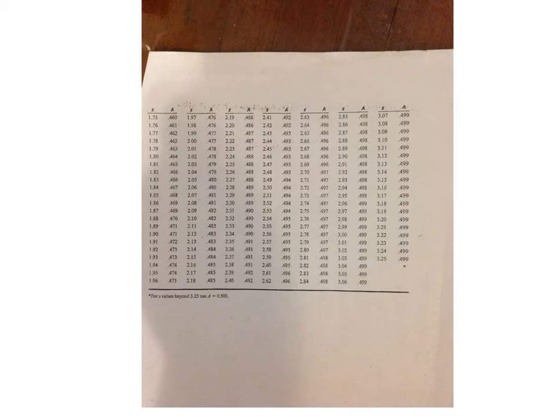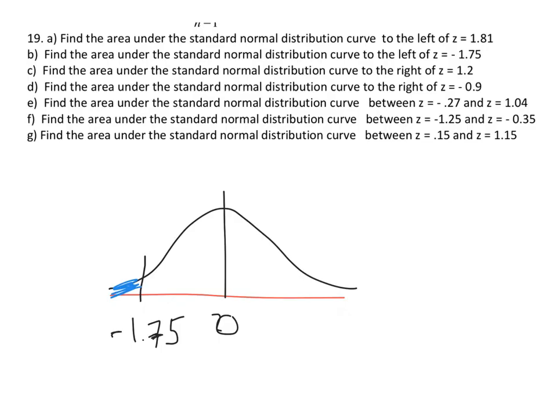So looking up positive 1.75, again, that's on the back. That's 0.460. And that 0.460 is going to give us the area between our given z and z equals 0. So the black part is 0.460, but what I'm interested in is the blue part.